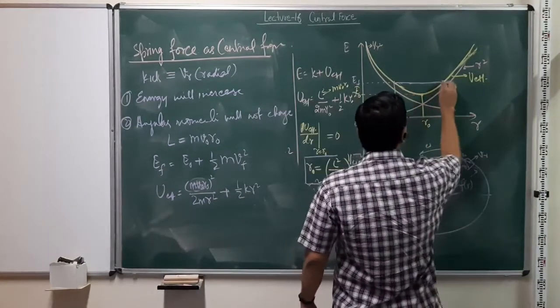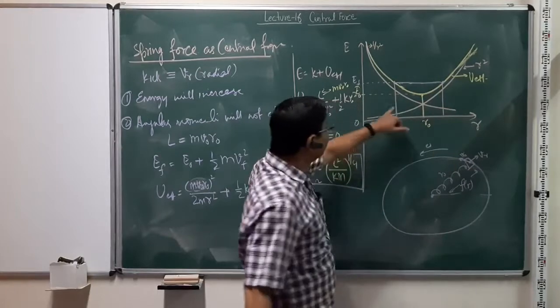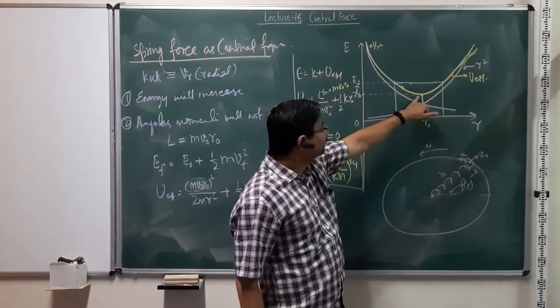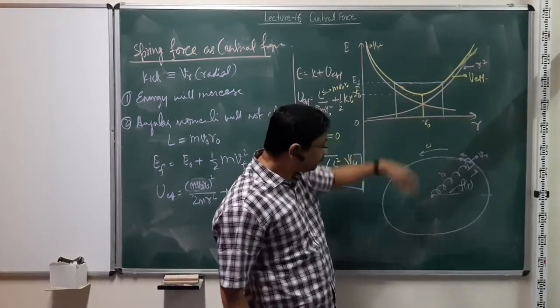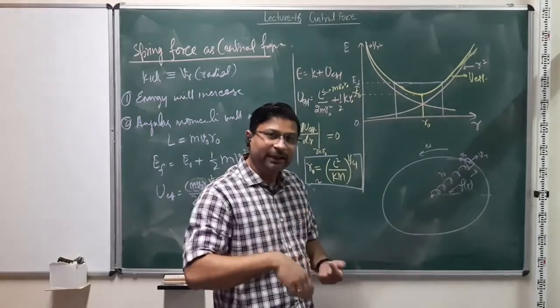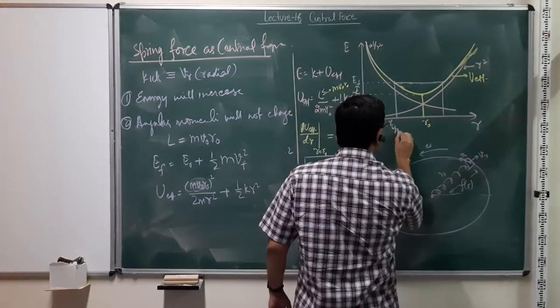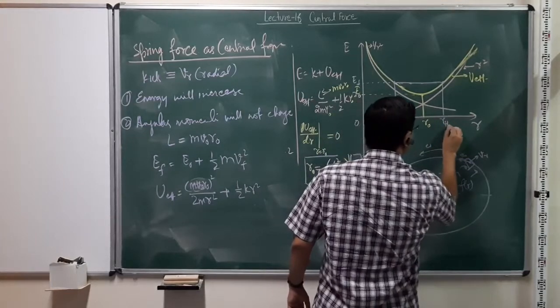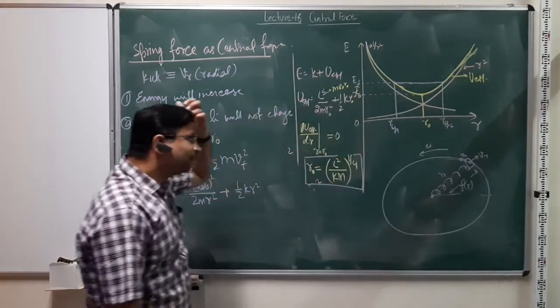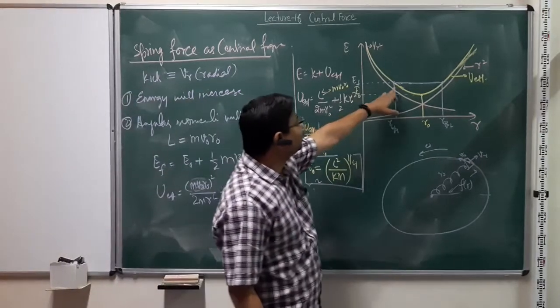And now instead of making a uniform circular motion at R0, the system is going to have a complicated orbital shape, however confined to these two limits, TP1 and TP2, and I am calling them TP1 and TP2 because these are the turning points.